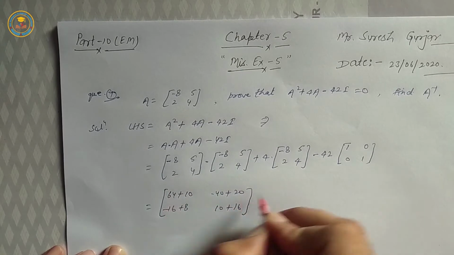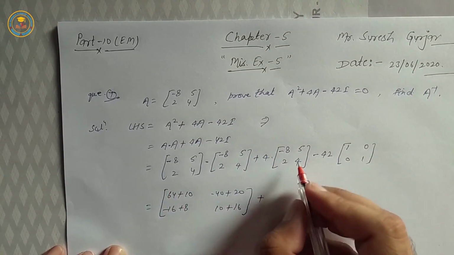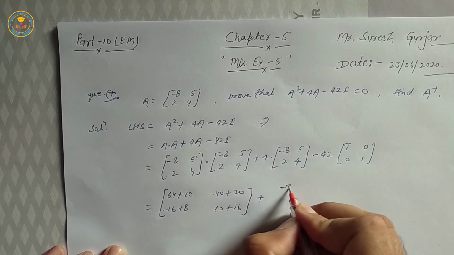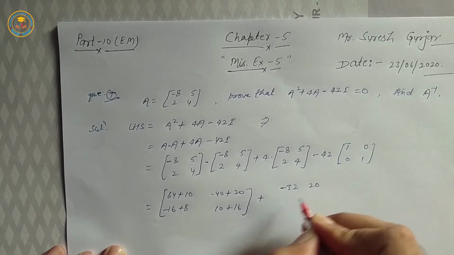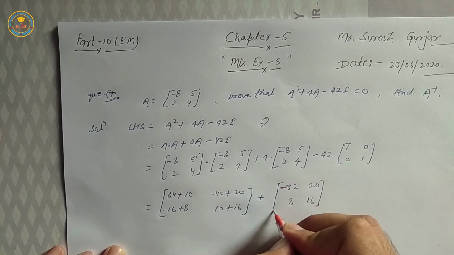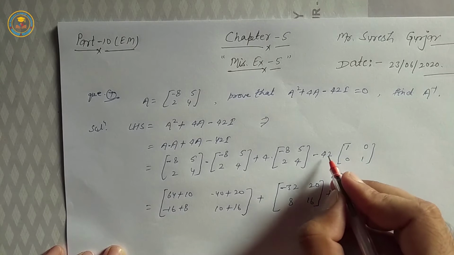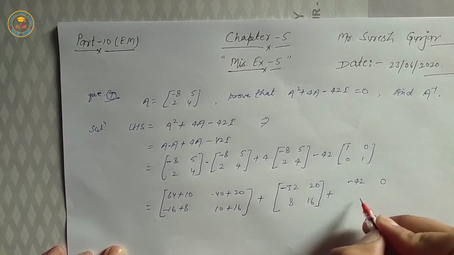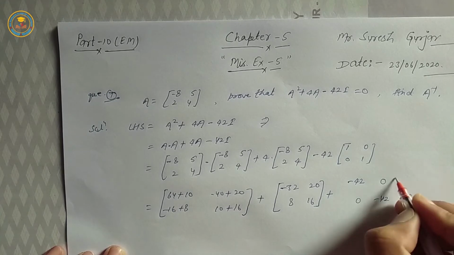Okay, plus 4 into [[-8, 5], [2, 4]] gives minus 32, plus 20, plus 8, plus 16, plus minus 42 into [[1, 0], [0, 1]], minus 42, minus 42 into 0, 0, 0, minus 42.